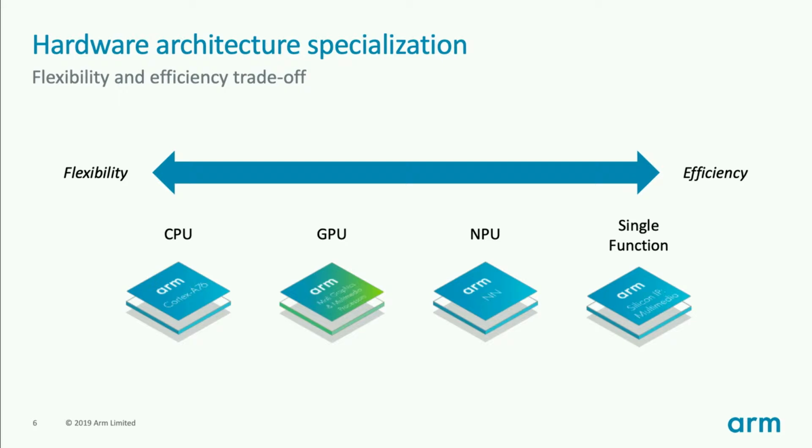And the extreme of this is the single function hardware accelerator. And we use this a lot for algorithms that are based around standards like video encoding and image encoding and wireless algorithms and these types of things.